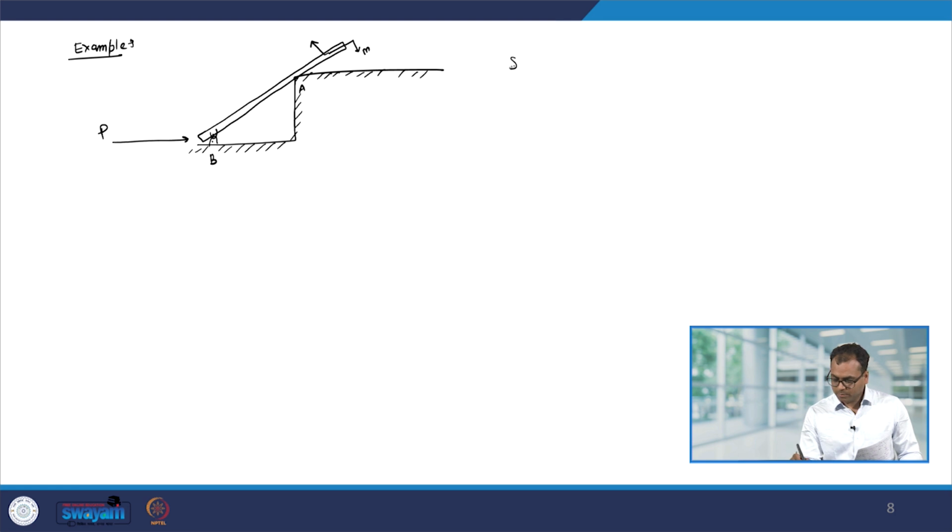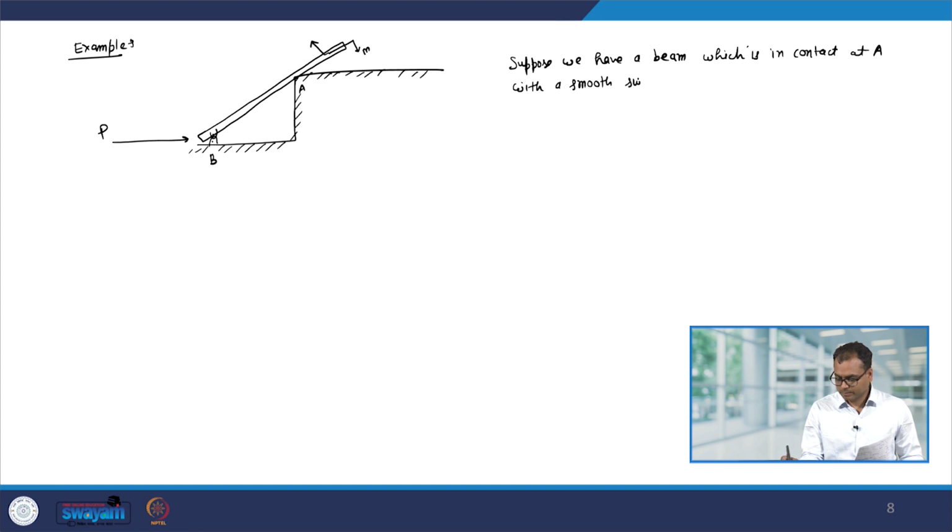So, to write the problem, let us say we have a beam which is in contact at A with a smooth surface.